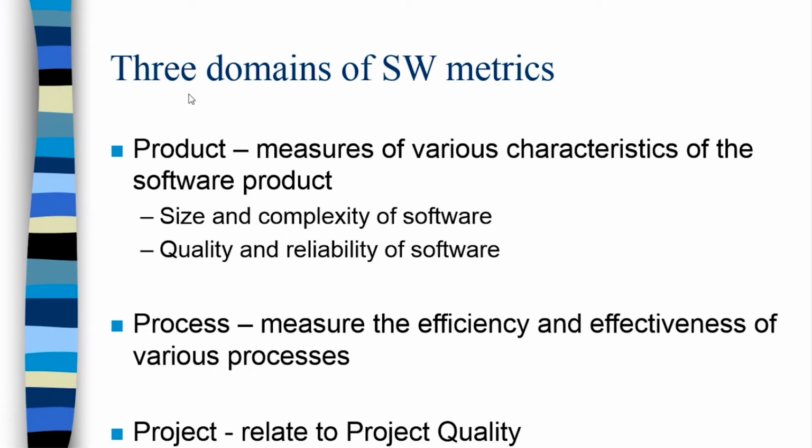These product metrics are the measures of various characteristics, various attributes of your software product. The two important software characteristics are the size, on the basis of which we are going to assess that particular product. So that is the size and complexity of software, and the other one is quality and reliability of software.